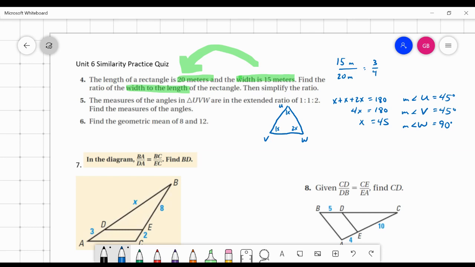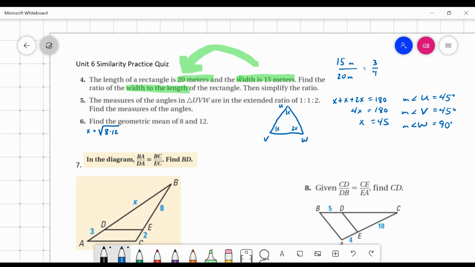Number 6, find the geometric mean of 8 and 12. So to do that, you put into the formula, you multiply both numbers, and then you find the square root of those two numbers. Now, I'm just going to rewrite it since I know we're multiplying here.